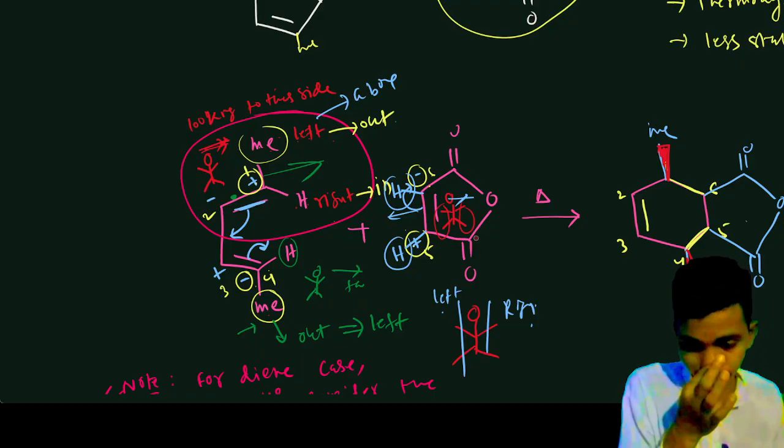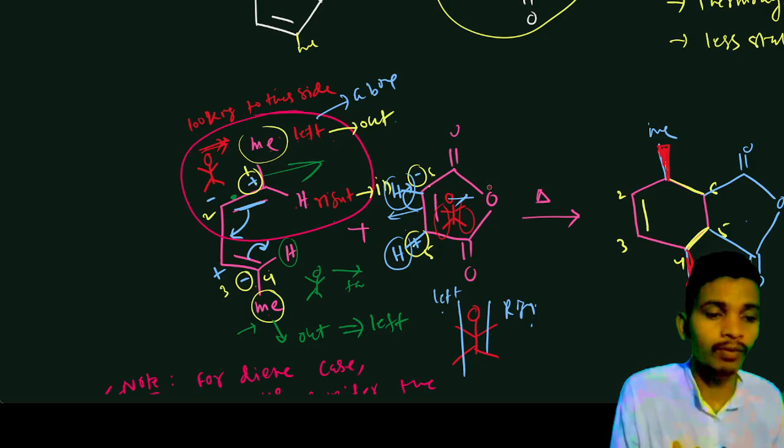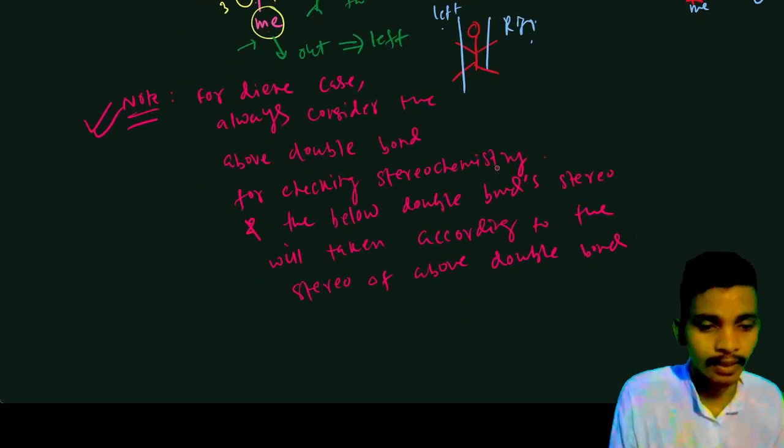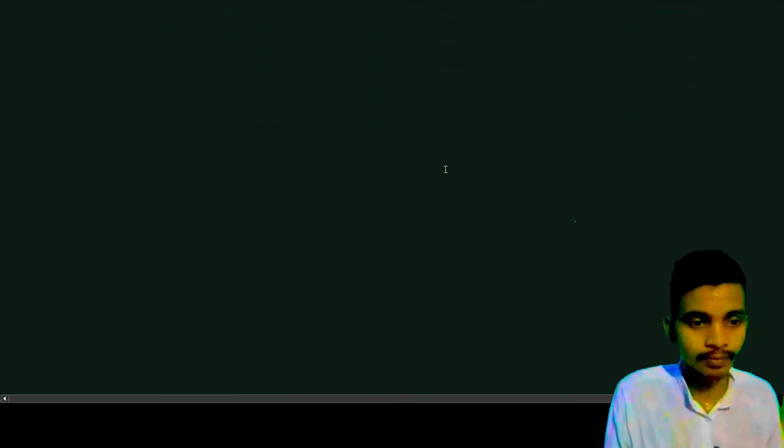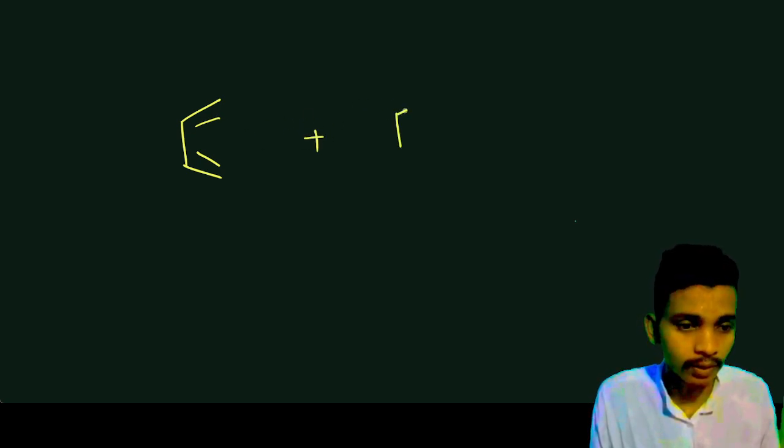And one more concept that applies here: this is the diene, let's say, and the dienophile has two cases.